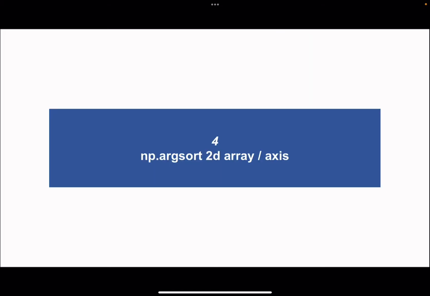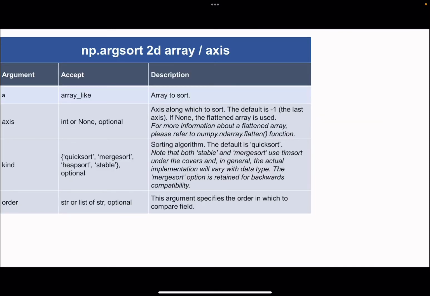Next, let's take a look at how to use the axis argument. Just to jog your memory, I showed the argument table for this function again, and this time our focus is the axis argument. Let's take a closer look at its description. This argument means the axis along which to sort.